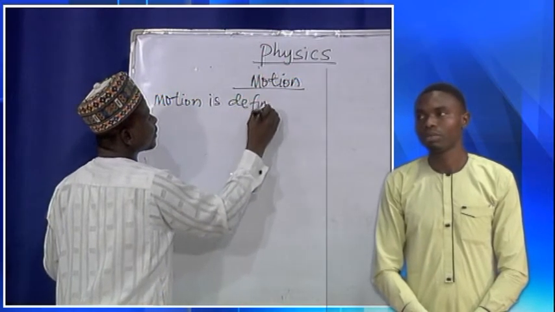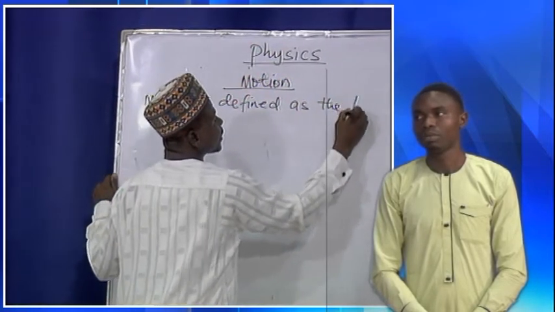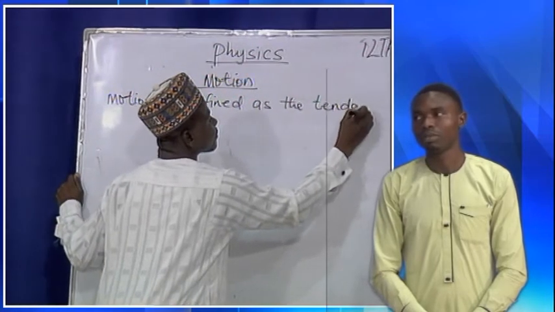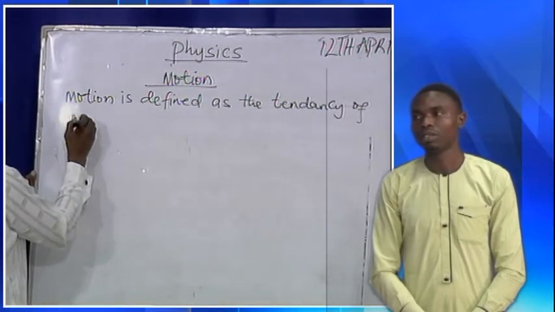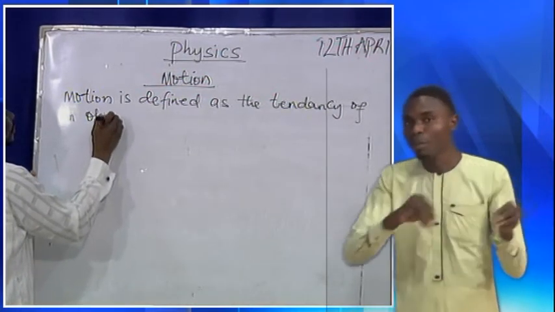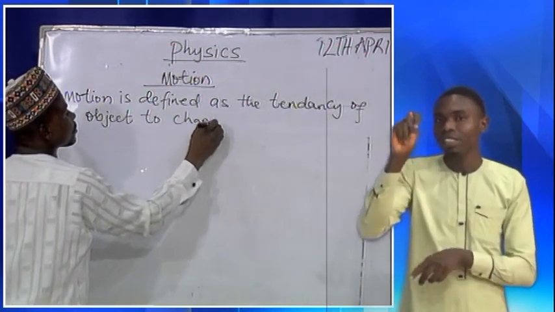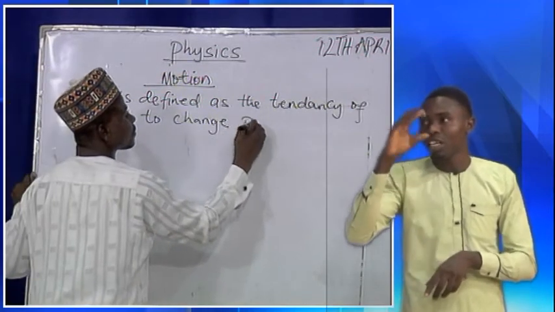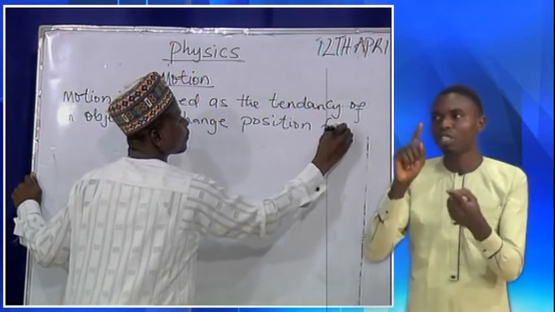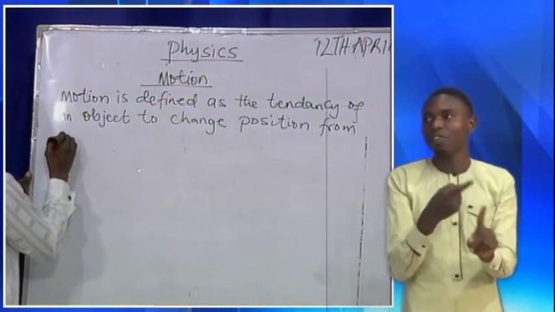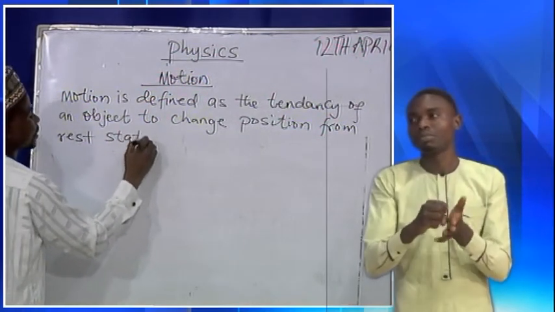Motion is defined as the tendency of an object to change position from rest state, from the state of rest.